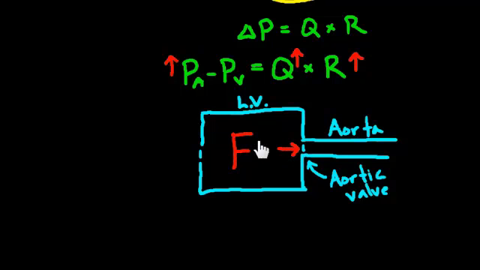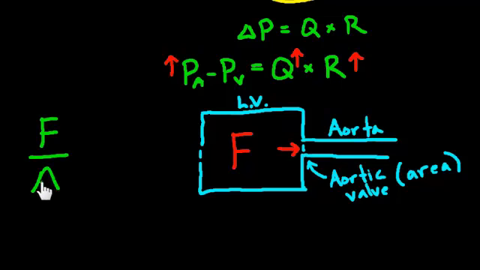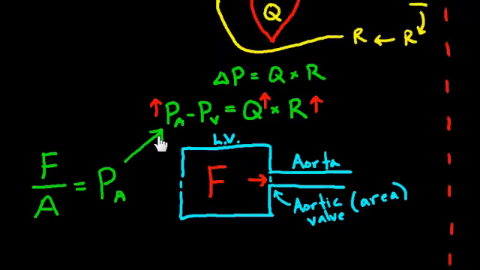Now, the aortic valve has a certain area. And if you remember, anytime you have a force over an area, you have a pressure. In this case, that is the arterial pressure. So when I talk about arterial pressure, I'm talking about the force that the left ventricle generates on the area of the aortic valve. Now think about it.